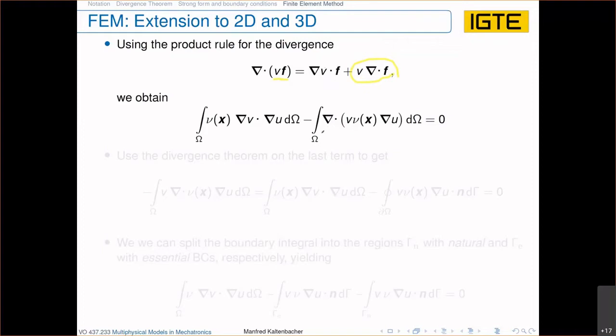That is exactly what we have. Due to this minus, we put it here. We get this part, which means we now have just a first order partial derivative on the unknown u. We have a dot product with the gradient of the test function.